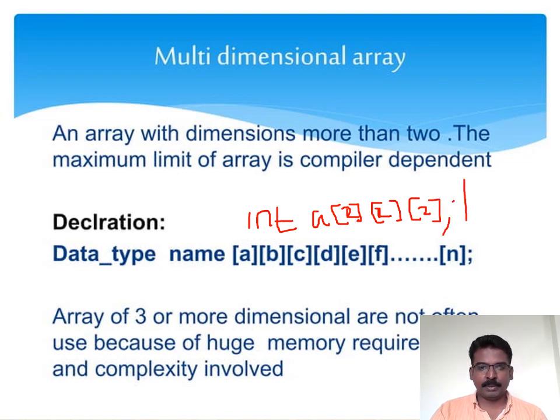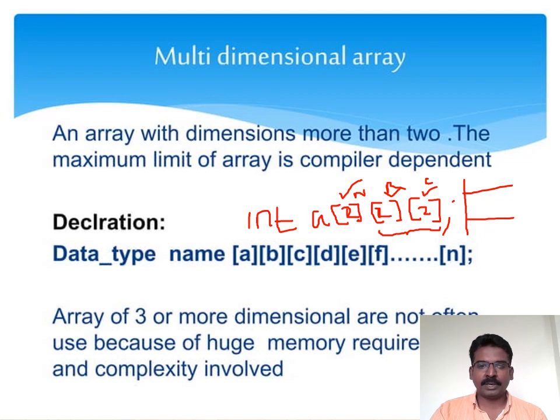When we see the memory representation, the first subscript represents the number of arrays that we are going to form in this pattern. That is, if we declare a multi-dimensional array of 3 subscripts, the last two subscripts represent rows and columns. This represents the number of arrays that are going to be created in this pattern.